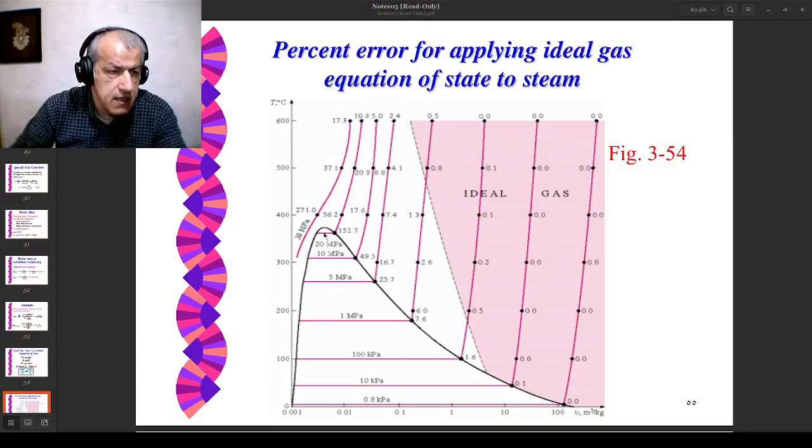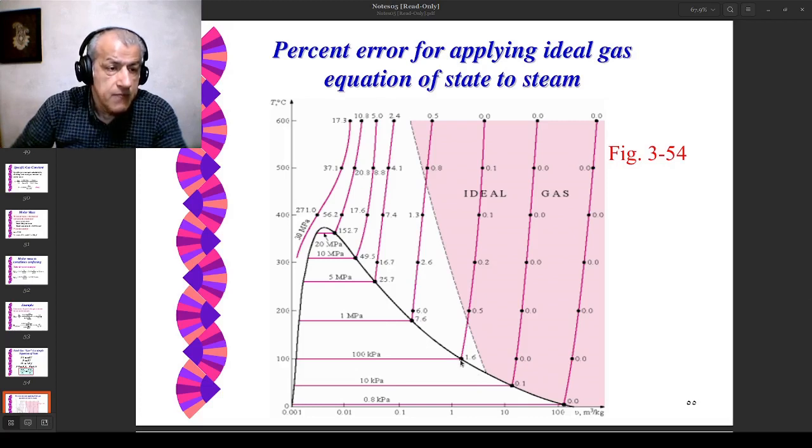And you see that for 10 kilopascals, which is this line, saturated vapor just gives 0.1% of error. For 100 kilopascals, it gives 1.6% of error.